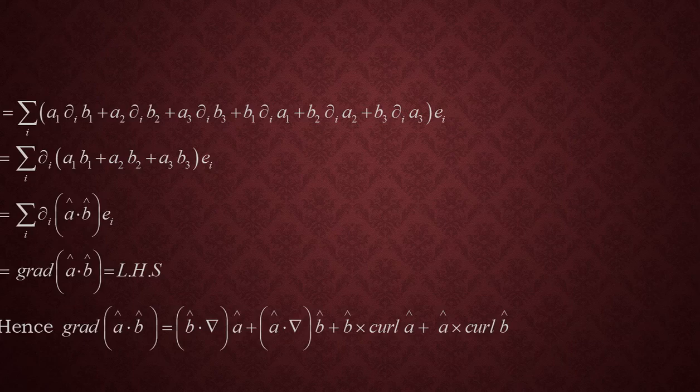So we obtain the RHS is equal to b dot del times a plus a dot del times b plus sigma over i C_i e_i plus sigma over i D_i e_i.